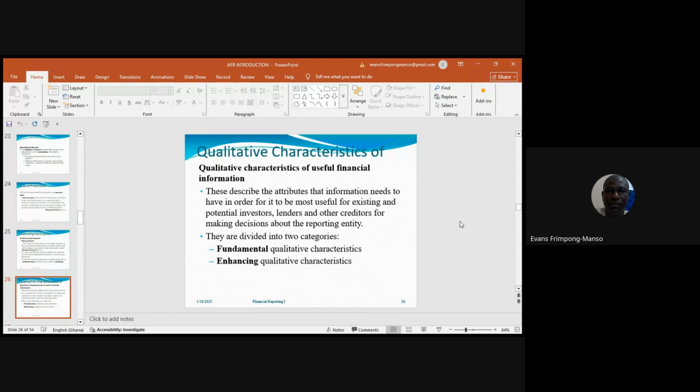Then another part of the conceptual framework talks about the qualitative characteristics of accounting information. The qualitative characteristics of accounting information have been divided into two categories.